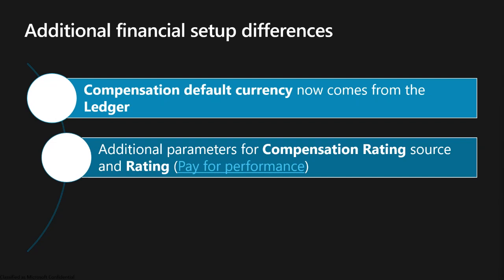I've included a link here for you if you want to learn more about that. So if you're in the parameters page on the compensation tab and you see these additional parameters and setup pages, that's what those are for. They're for the pay for performance features. You do have the right to use those as a part of Dynamics 365 Human Resources in the merged infrastructure.